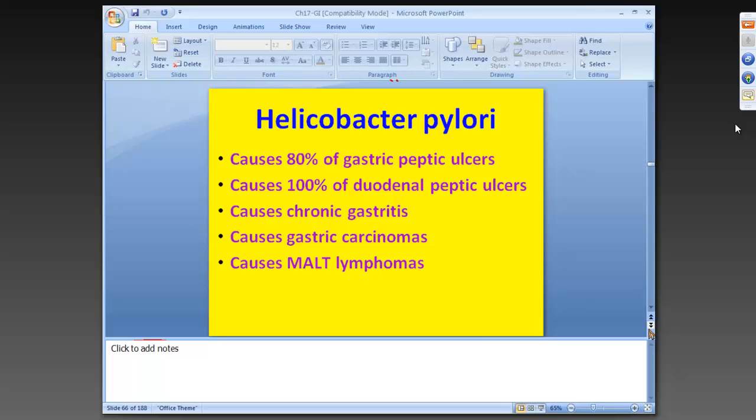What is the pathogenesis of ulcers? Good question. Think about an imbalance between gastroduodenal mucosal defense mechanisms and some damaging forces.